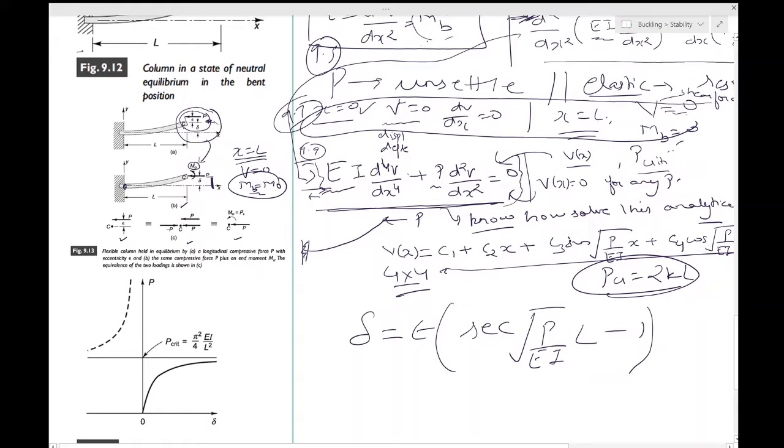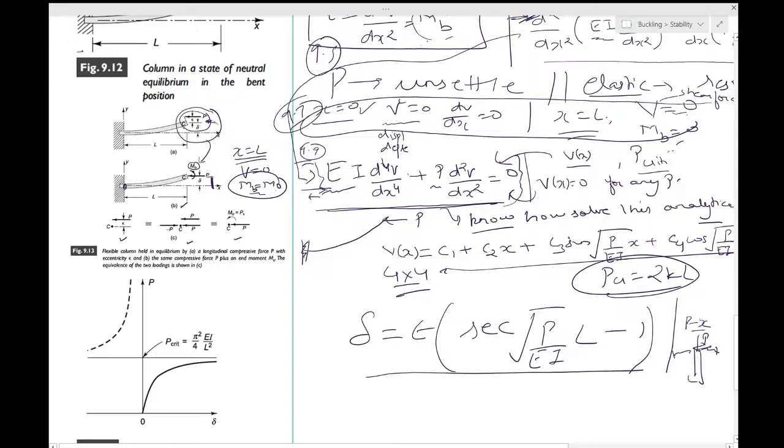This is equivalent to your P versus X in the situation which we had seen in the last class. So you had a P and then it was displaced by X. So this is that graph.